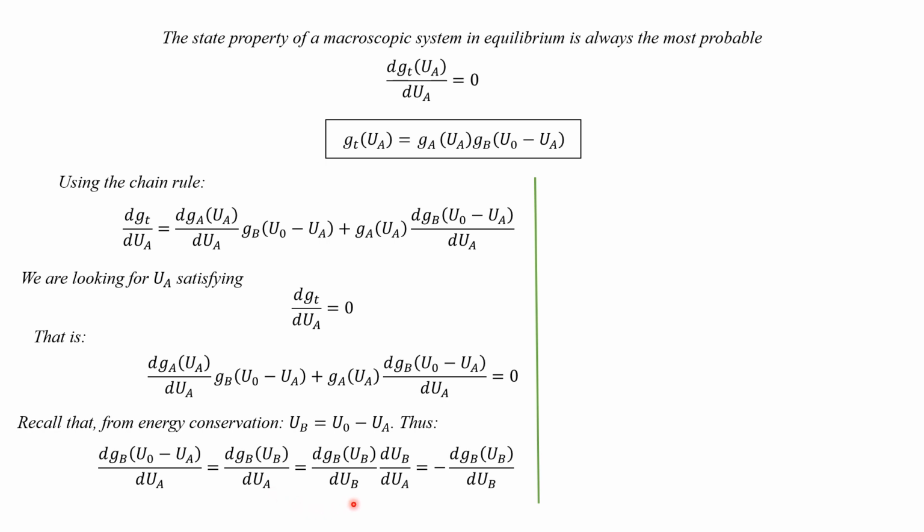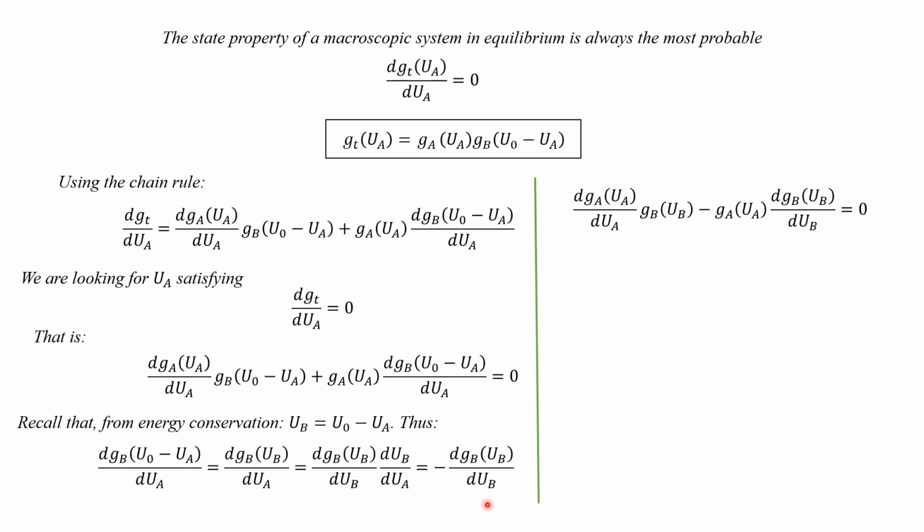Then we use the chain rule to express this derivative in terms of the derivative with respect to UB. Since the energy of system B is the total energy, which is fixed, minus the energy of system A, the derivative of this variable with respect to this one is just -1. So this term here is -1, which follows that this derivative, this term, is equal to this derivative.